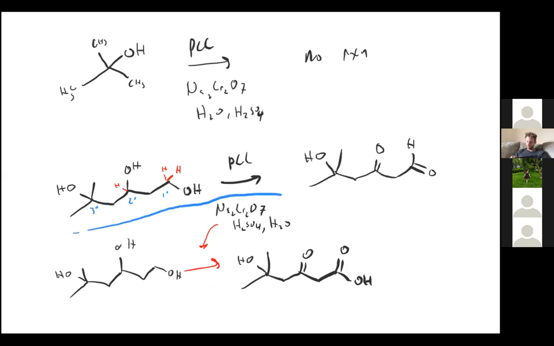With PCC, we're going to lead to this product. With chromic acid, we're going to lead to this product here. So you only get one product. I just had 2 different reactions coming from the same starting material.